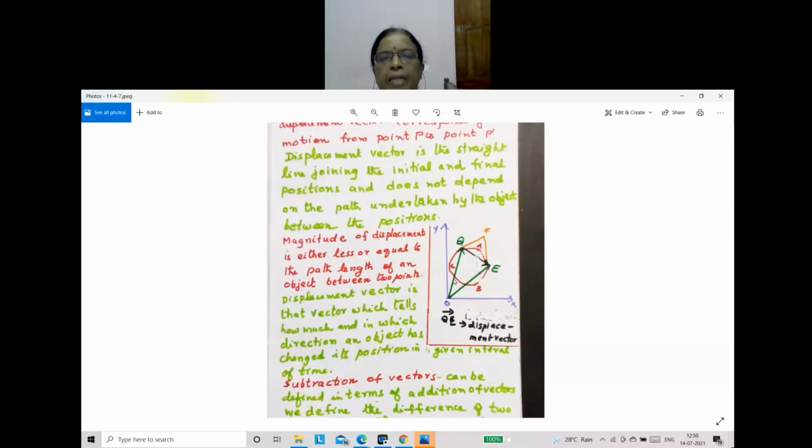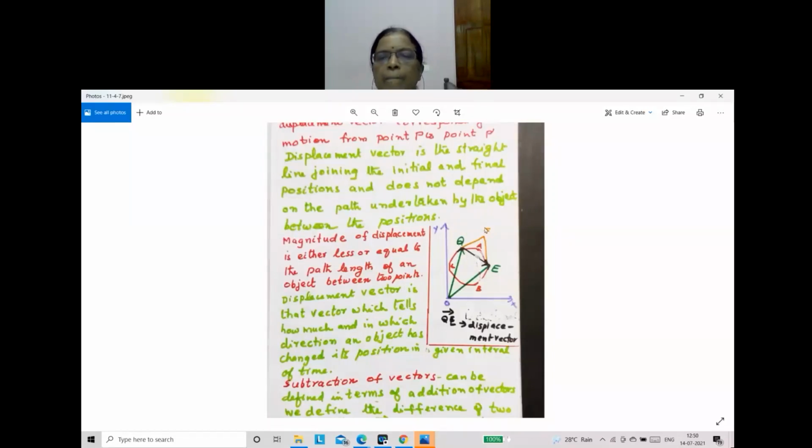Q, B, E, like that also it can go. But those are path lengths only. Displacement means the shortest distance from position Q to E, which we get by drawing a straight line. That straight line only represents the displacement.